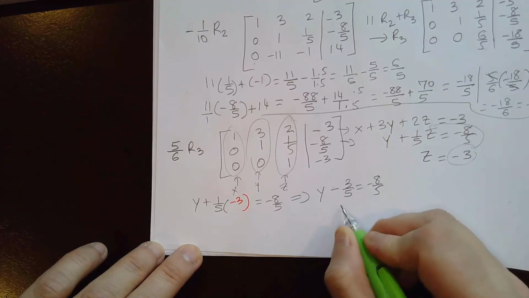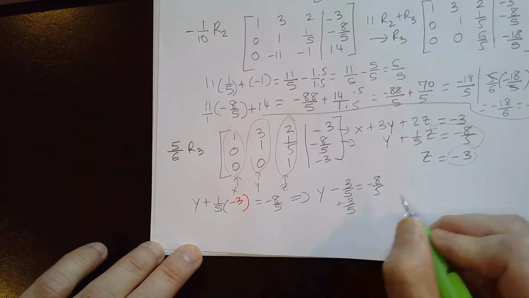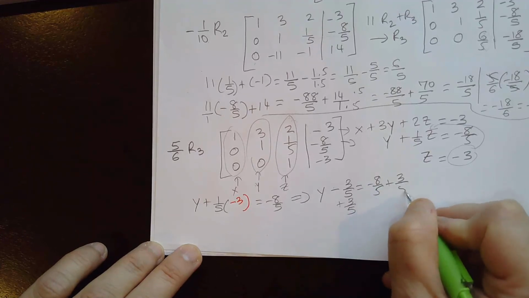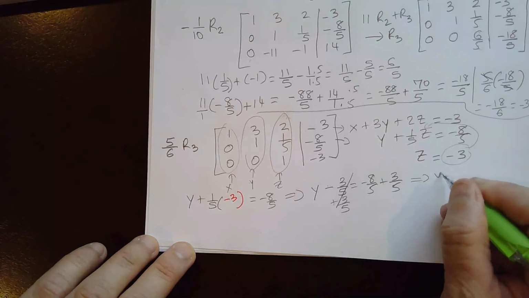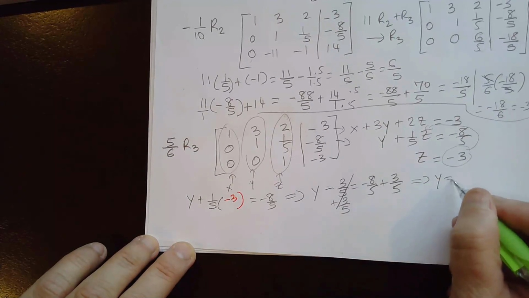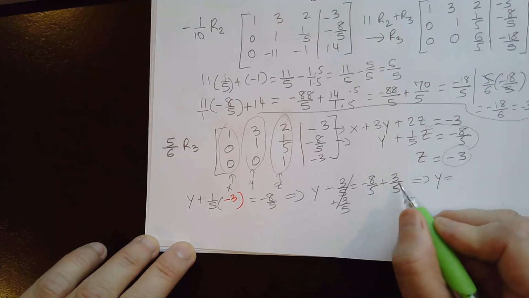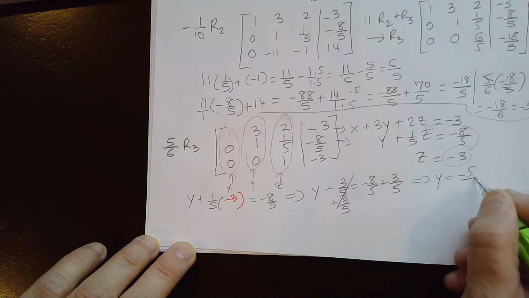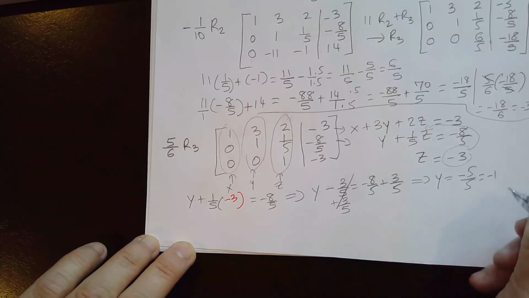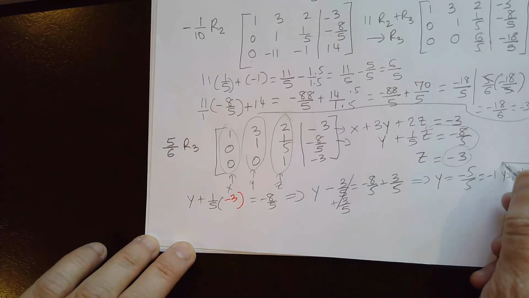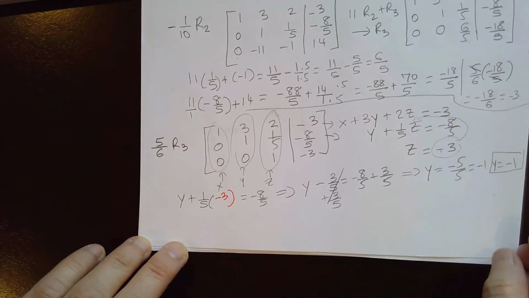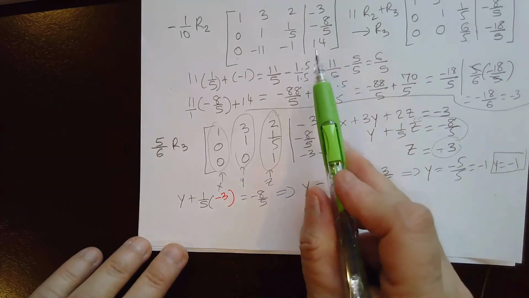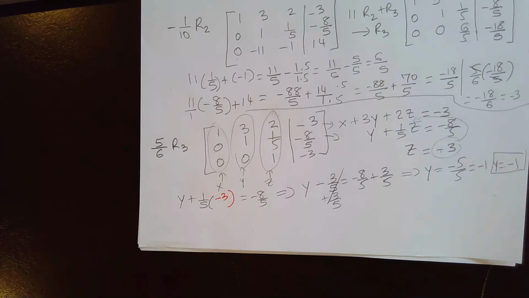You add 3 over 5 on both sides of the equation. So this would cancel. So now you end up with y equal to, we have the same denominator, negative 8 plus 3, that's negative 5 over 5, equal to negative 1. As I told you, most likely we'll end up with answers that are integers. So even though we had fractions, the answers are integers.